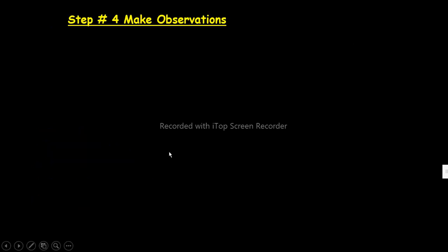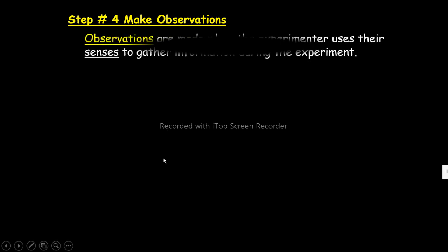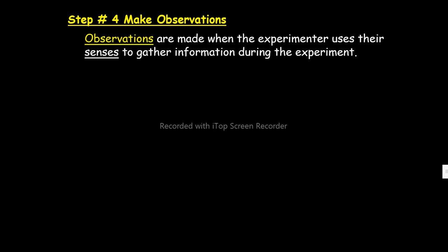And then finally, you have to make observations. Those are the responses given by your experimental groups due to changes in the independent variable.